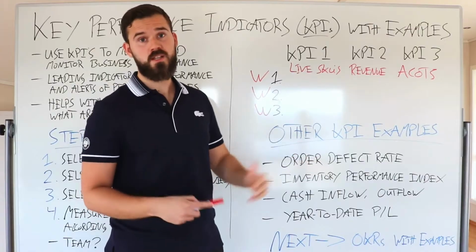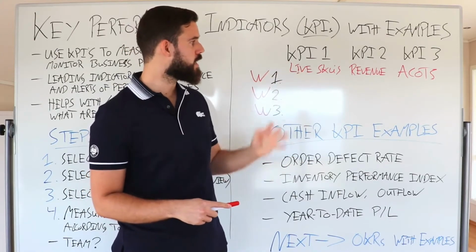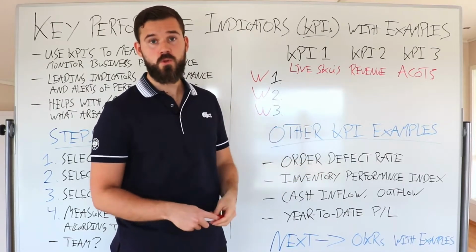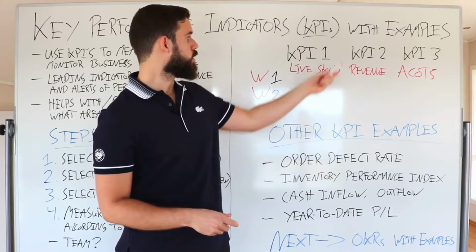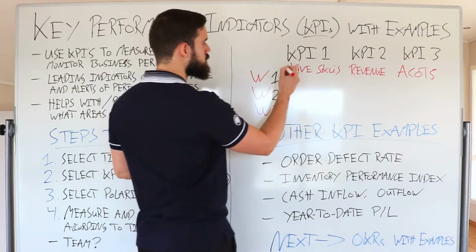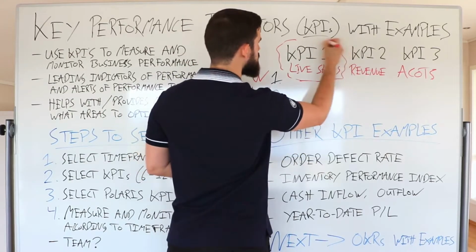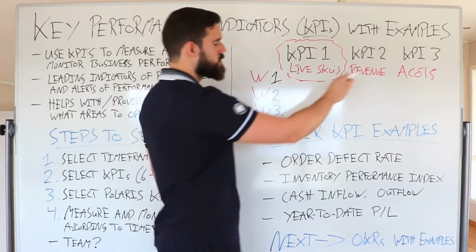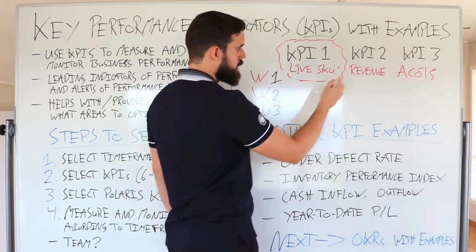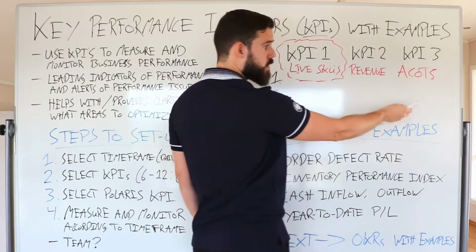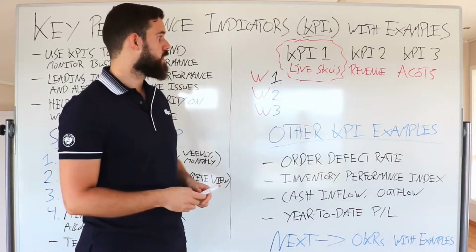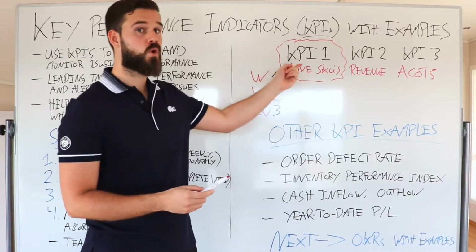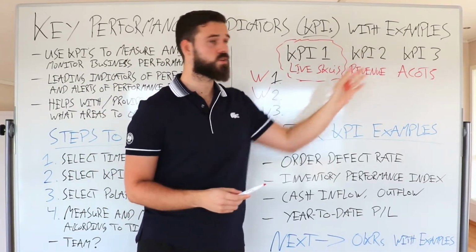So that's why we select a Polaris KPI, because that's the main thing. And then the other ones kind of follow. And of course we want to improve them, we want to monitor them, we want to do all those things. They're still important. But if our Polaris is, let's say, live SKUs, that's the main one right now, then if our live SKUs is going up, it's improving, and the ACOS is going in the wrong direction, it's also going up, then you don't have to worry, because this is our Polaris right now, so it's more important that this one actually improves than any of the other ones right now, right?